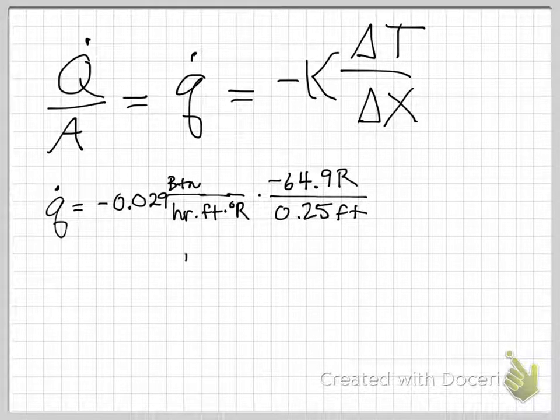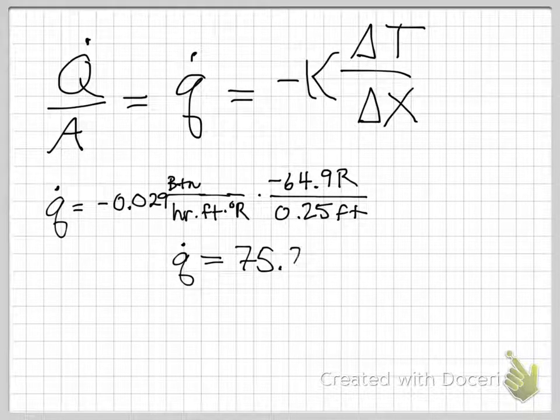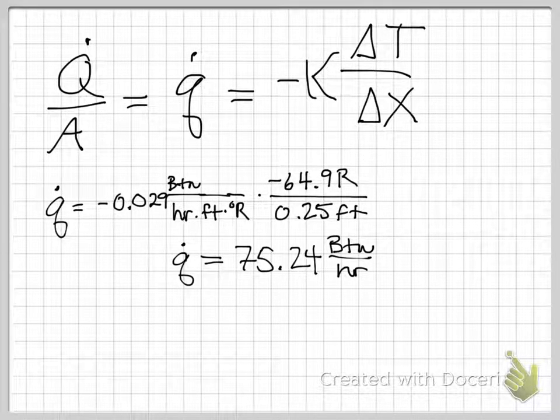And so we see that little q dot, our heat flux, is 75.24 BTUs per hour. That is the steady state heat flux, so the heat going from the house into the insulation, from the insulation into the siding, from the siding out to the world.